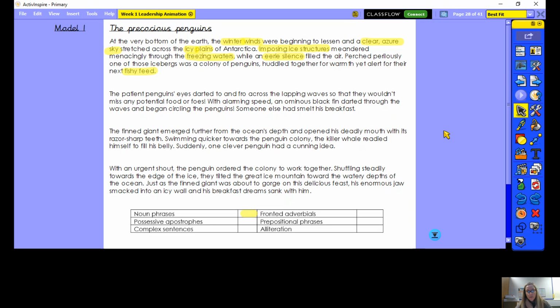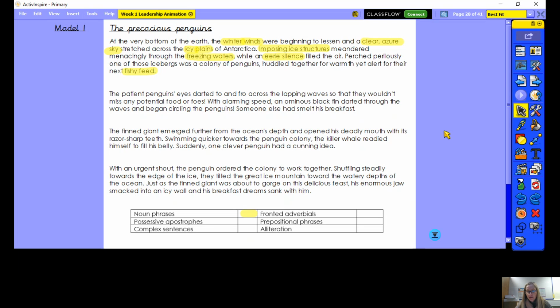With alarming speed, an ominous black fin darted through the waves and began circling the penguins. Someone else had smelt his breakfast. The finned giant emerged further from the ocean's depth and opened his deadly mouth with his razor-sharp teeth. Swimming quicker towards the penguin colony, the killer whale readied himself to fill his belly.